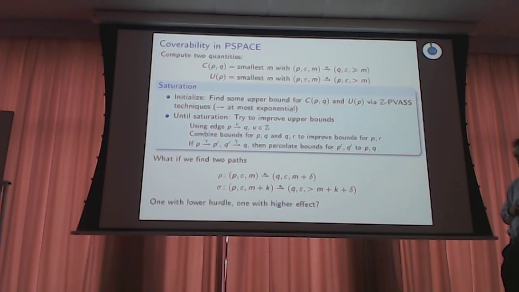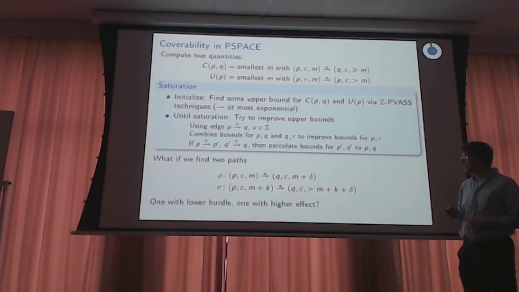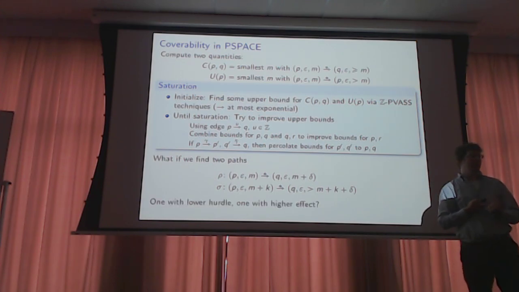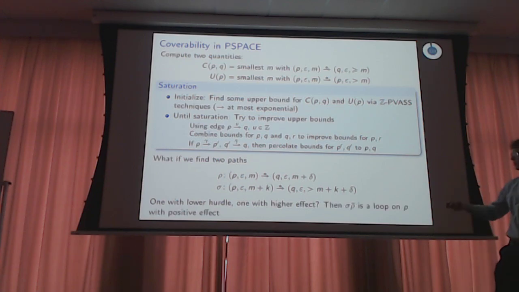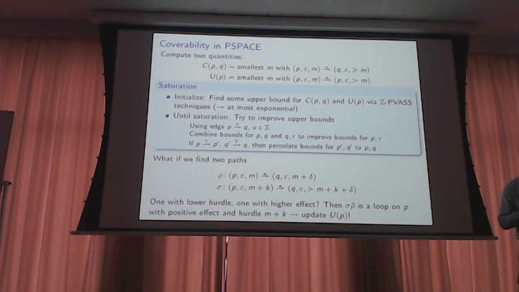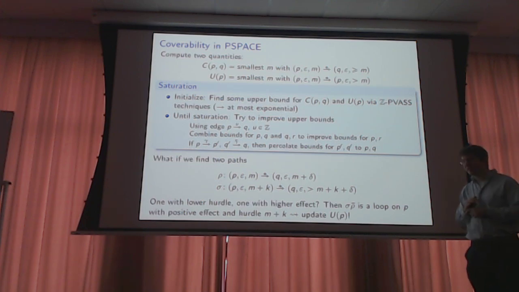But here this is not the case, because if you have this, you can again combine the two. Suppose you have these two runs, one with a lower hurdle, one with a higher effect, then you can combine the two, and then you have a loop on P with positive effect. So when you find such two paths, then you just update UP. So that means what you know in CPQ and UP always covers all the runs that exist.